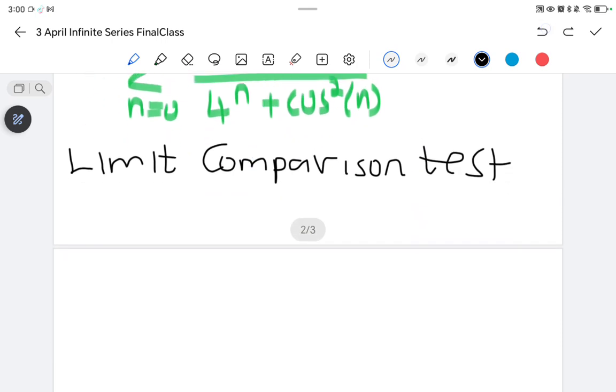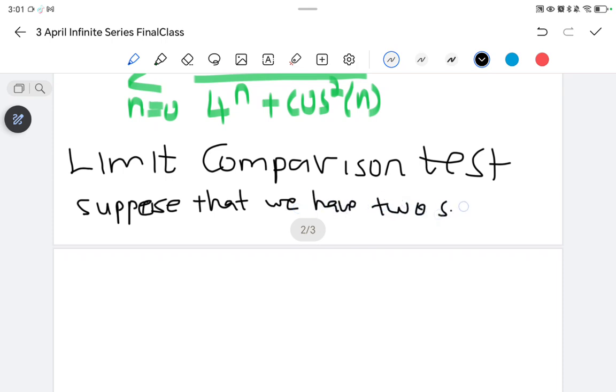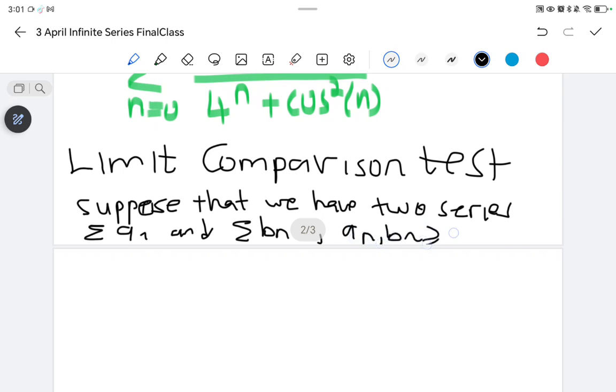We suppose we have two series, which are as usual a of n and b of n, and they are also a of n, b of n greater or equal to 0, for all n.